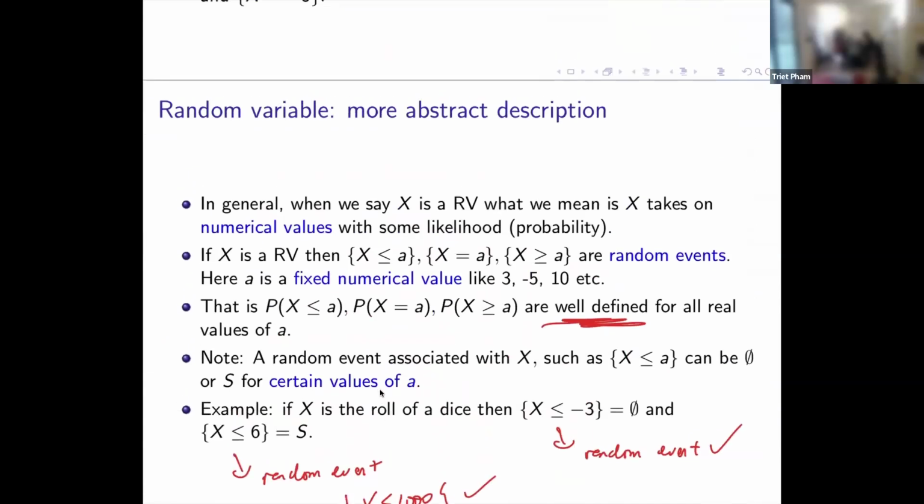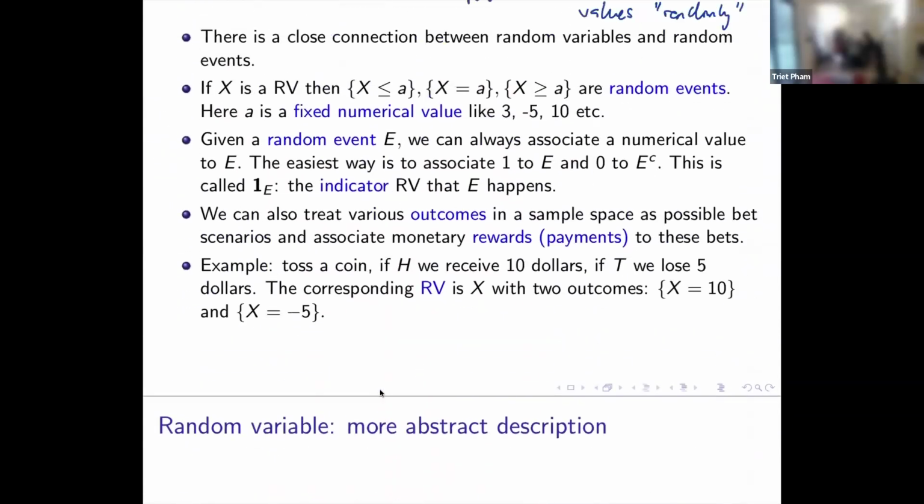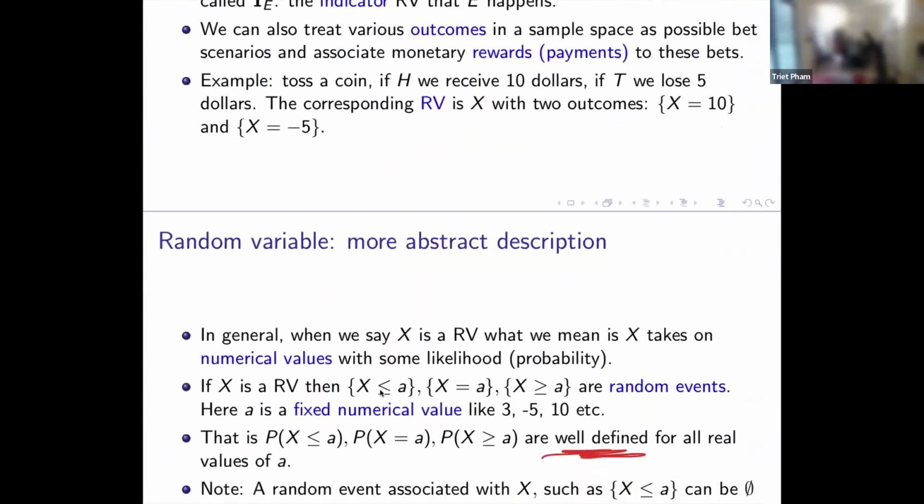So basically, a random variable is a random number generator in some way, or is something that takes on numerical values randomly.